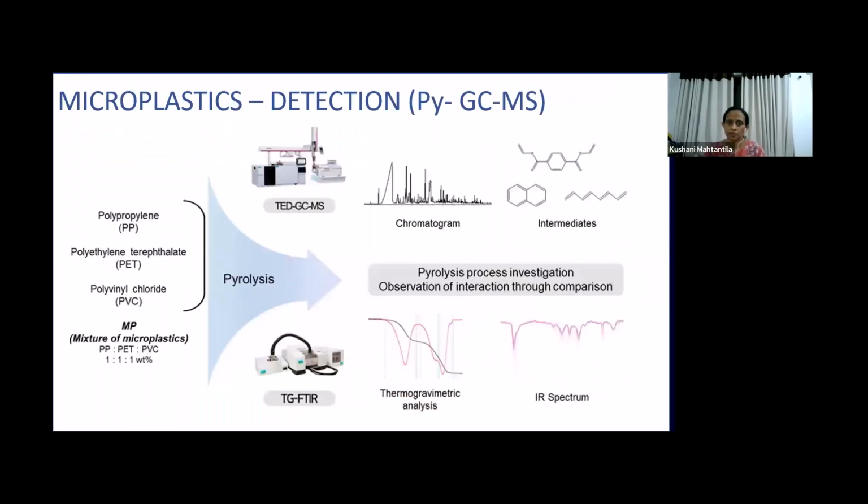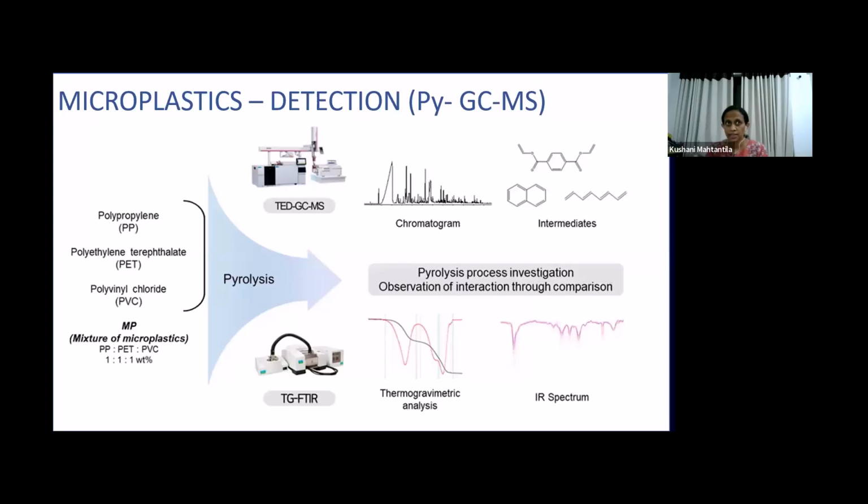So there are thermoanalytical techniques. One is pyrolysis GC-MS and the other is thermogravimetric FTIR. In the GC there's a pyrolysis oven. There we can insert the sample in an eco-cup in an inert environment at a known temperature, in an inert or vacuum environment.